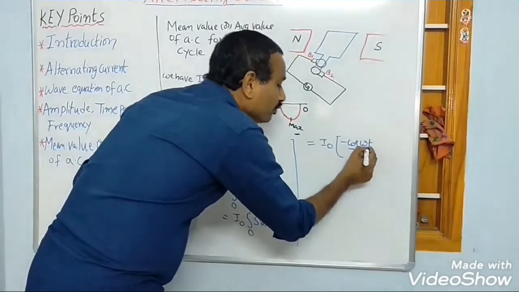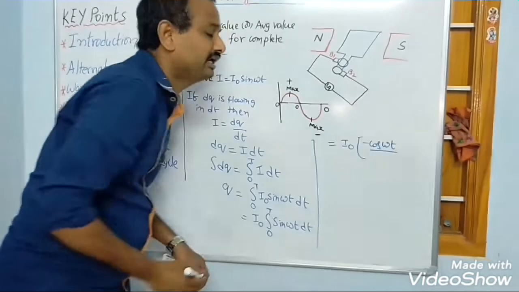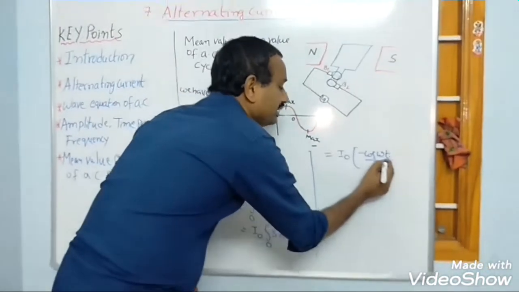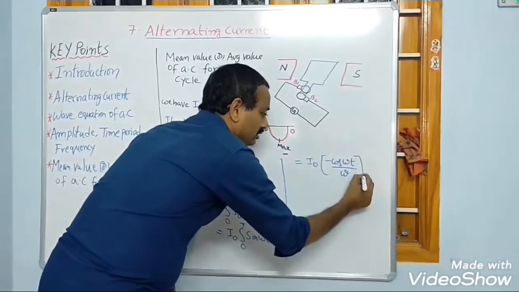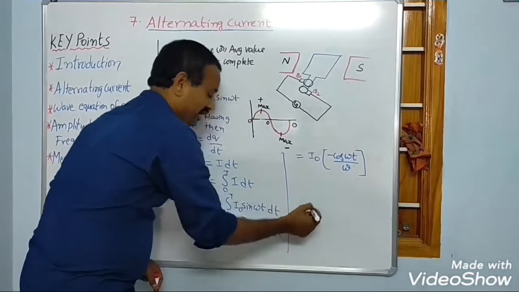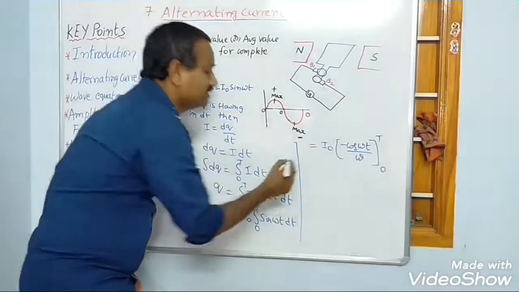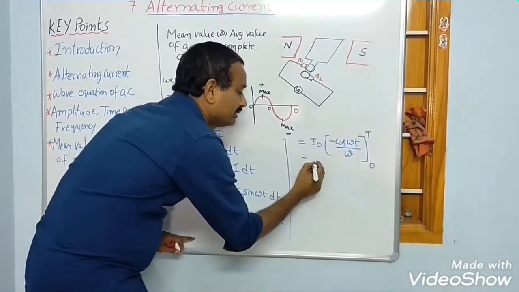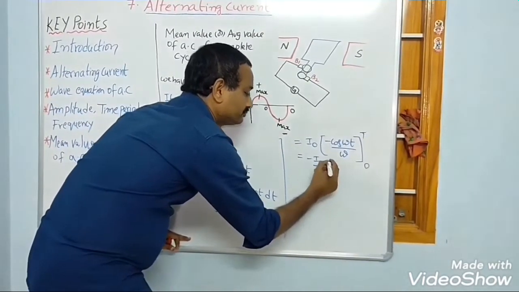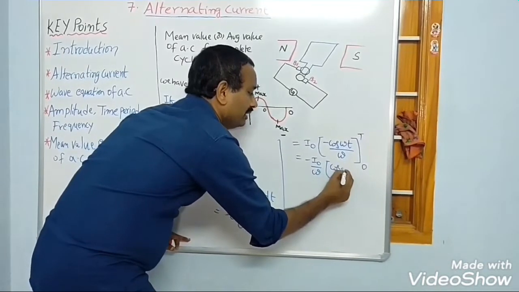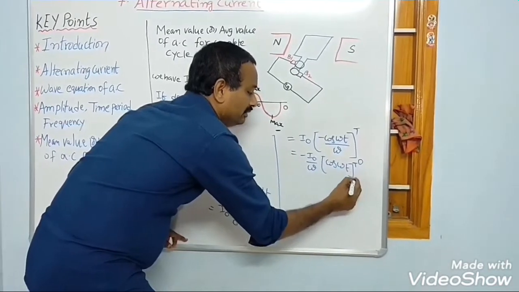So again that omega t we have to differentiate, and write in the denominator. Differentiation of omega t with respect to t is omega. Close the bracket and write upper limit and lower limit. Students, here I am writing minus and omega outside the bracket. That is minus I naught by omega cos omega t, upper limit, lower limit.